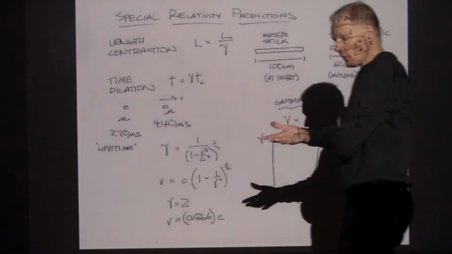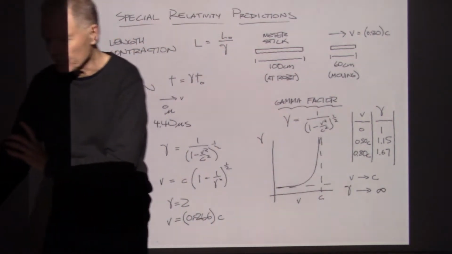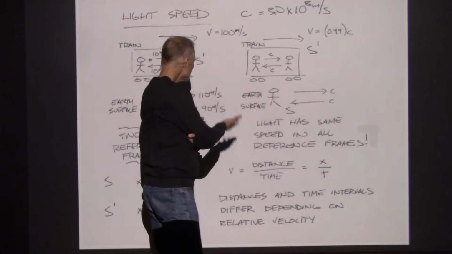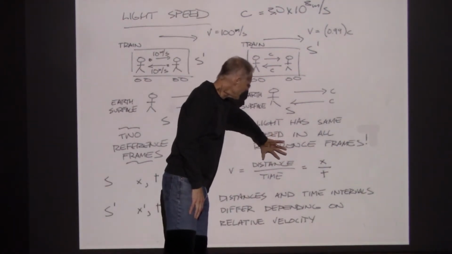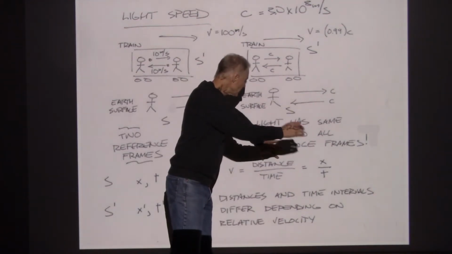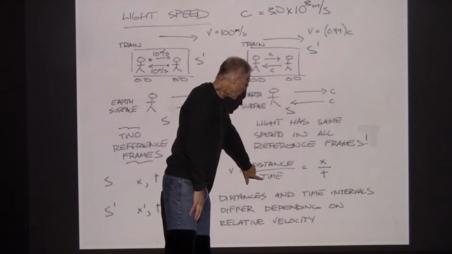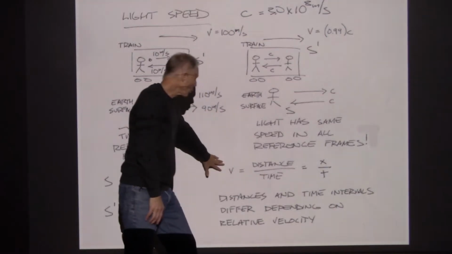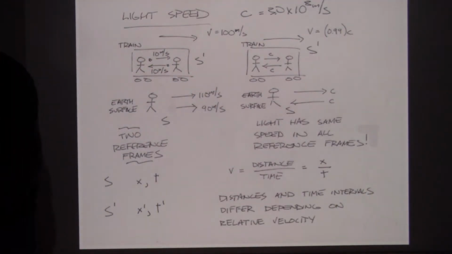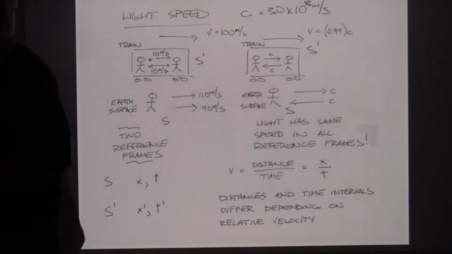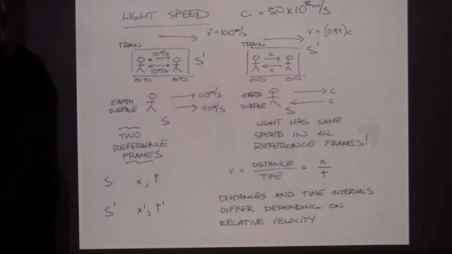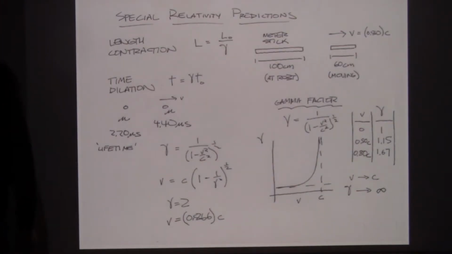When we think about velocities as being a distance divided by a time, what special relativity says is that we will never measure an object traveling a distance divided by some time interval, that ratio, larger than c, because of the way space and time are connected.